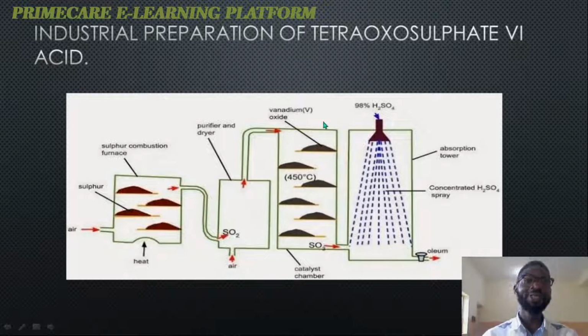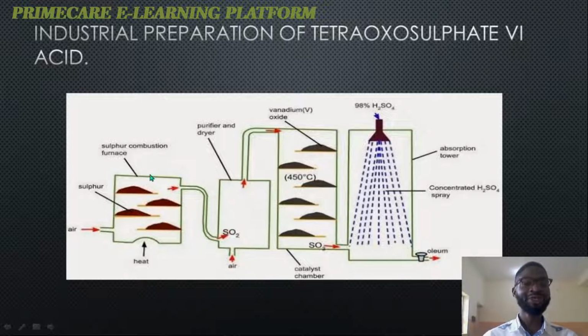In this reaction, the main stage is the catalytic combination of sulfur 4 oxide and oxygen to form sulfur trioxide or sulfate. I'm going to explain this in four stages or 4 steps. Now let's start with stage 1.